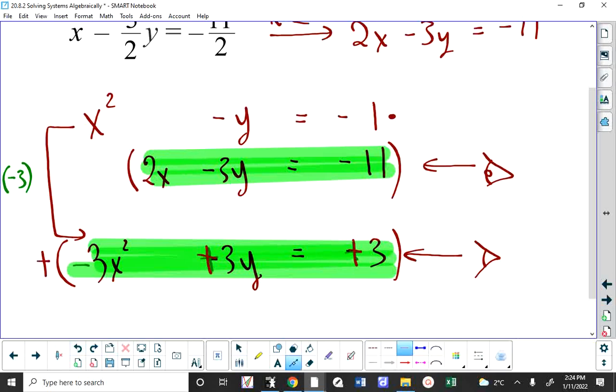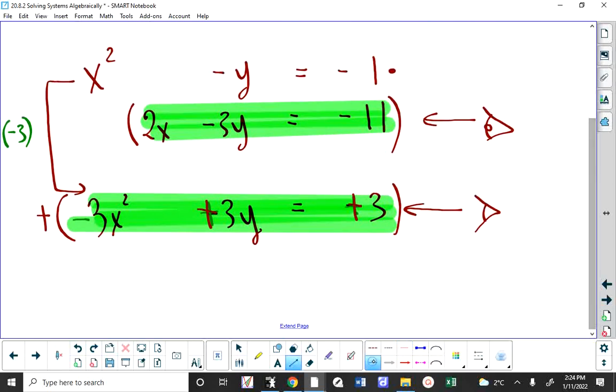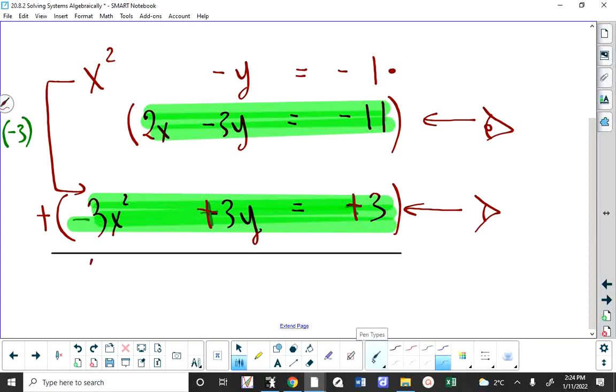And what do I get? Negative 3x squared. There's a negative there. Plus 2x equals negative 8.